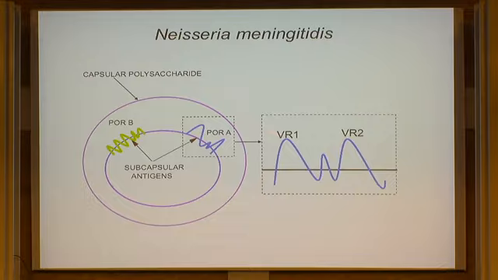And Martin Maiden, Ian Feavers, and other colleagues were able, already in the early 90s, to sequence these regions, which now is like nothing, but in those days was really quite a big deal.